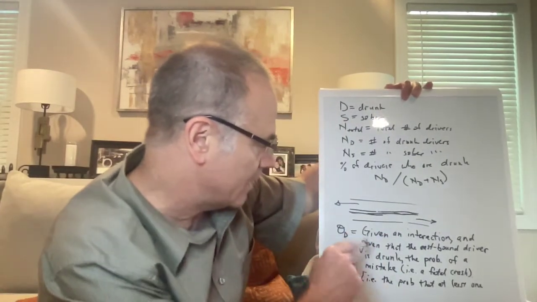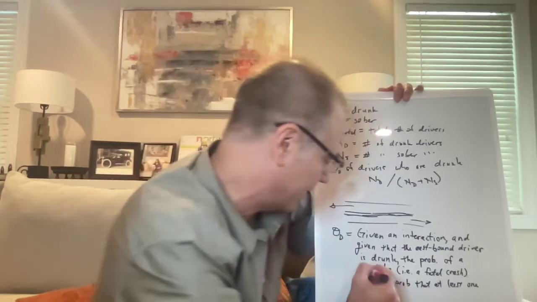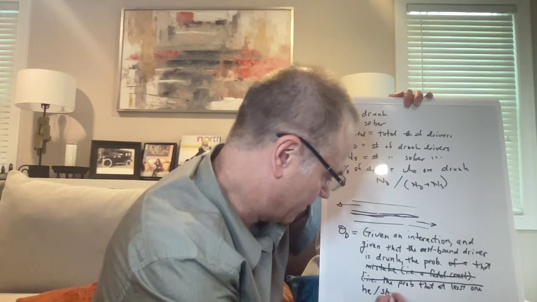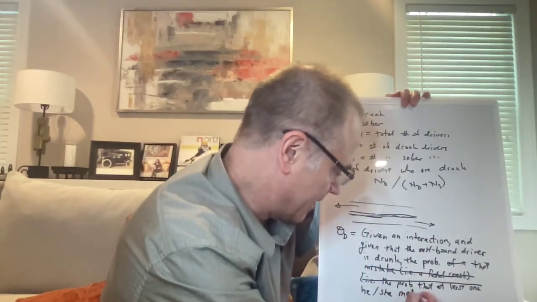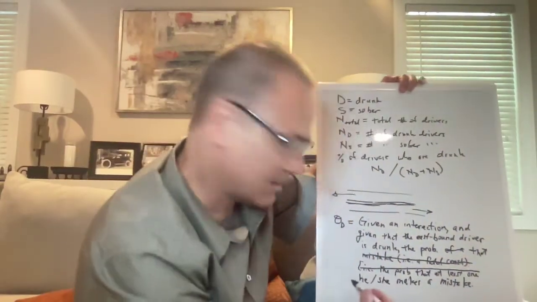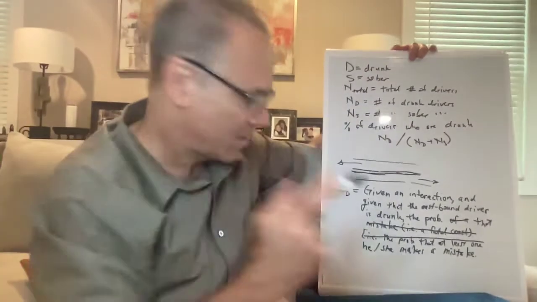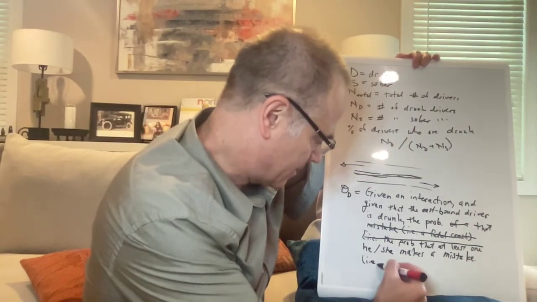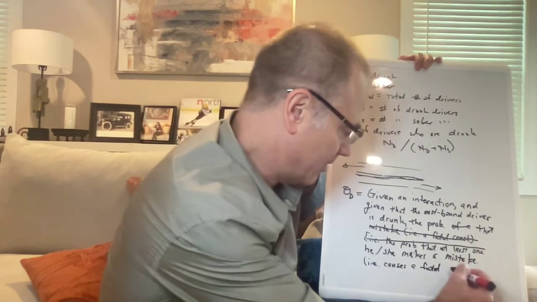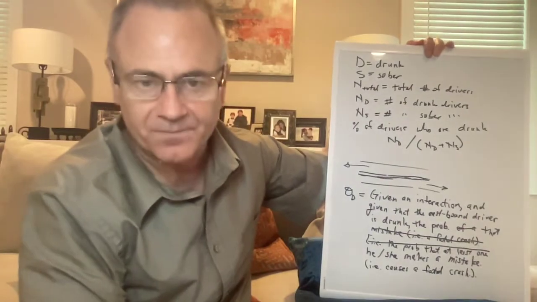Given an interaction and given that the eastbound driver is drunk, this is the probability that he or she makes a mistake, in this case a mistake that causes a fatal crash. I'm sorry, I looked at the wrong spot in my notes. Okay, that's theta D.